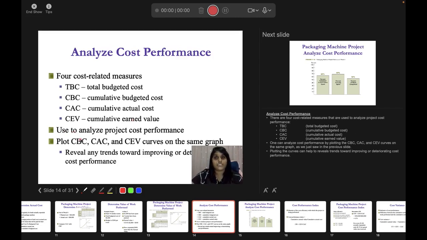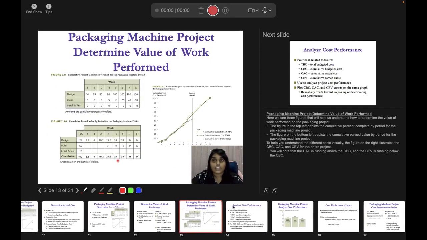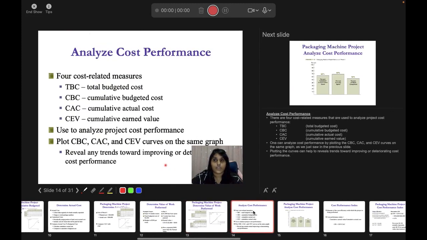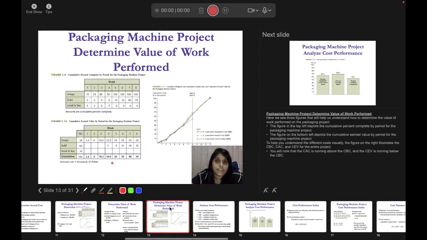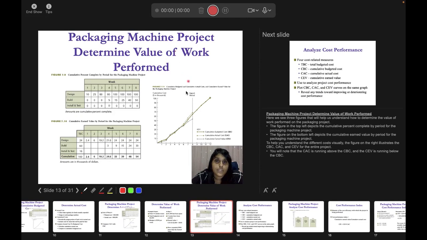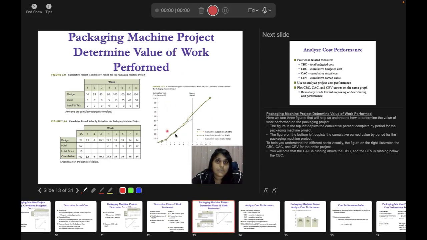Plot the CBC, CAC, and CEV curves on the same graph to reveal any trends towards improving or deteriorating cost performance. This CBC, CAC, CEV is cumulative budgeted cost, cumulative actual cost, cumulative earned value, right? So you are going to plot all of this in the same graph.